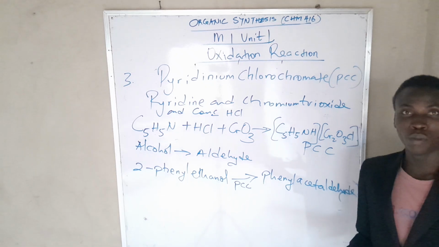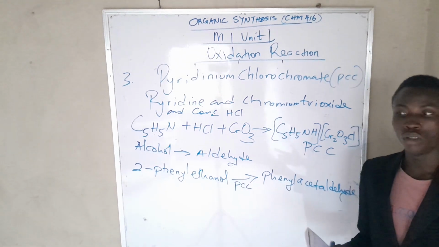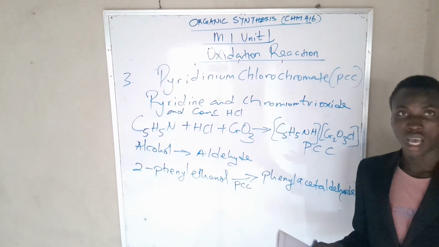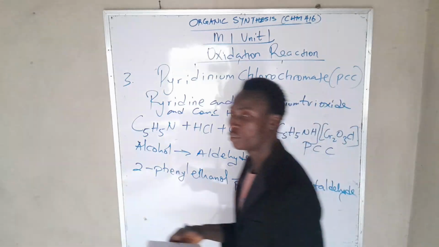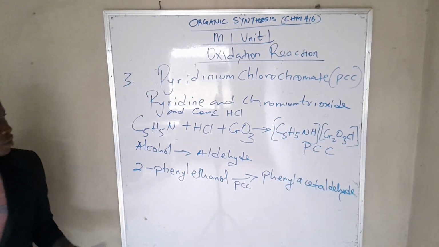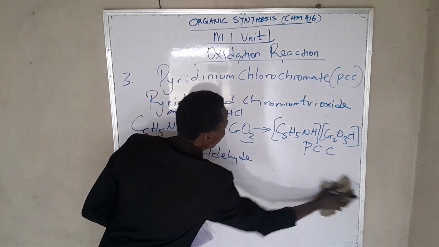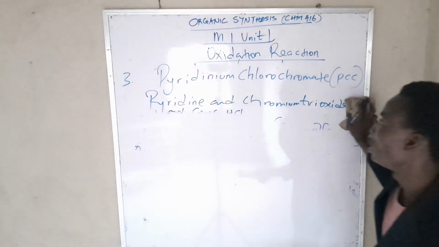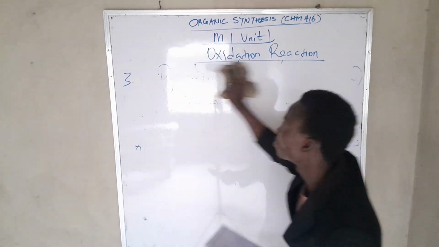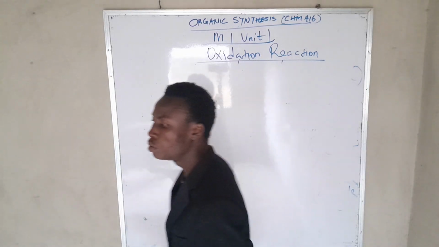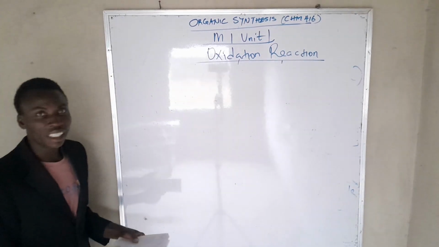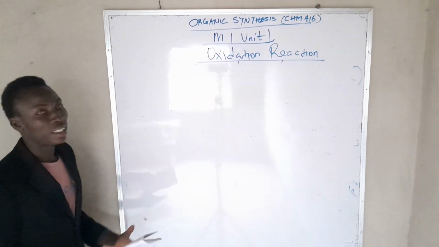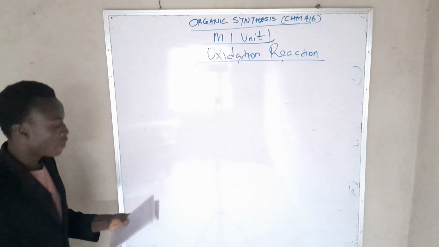They have their own preparation and their own application as well. So let us find out. Take note of this, it's very, very important. You have to know a suitable oxidizing agent for a compound that you want to prepare.